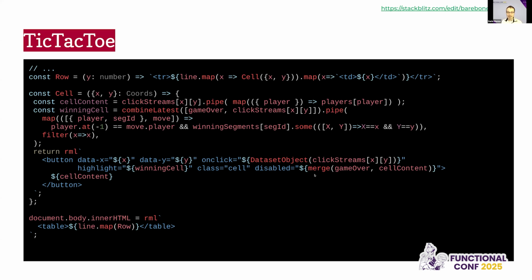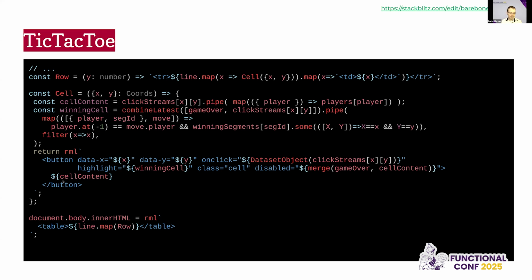And then there are other things like disabled. So a button on the grid becomes disabled as soon as either the game is over or when the cell content has been set. So once you click on a cell and you play it, essentially it becomes disabled. So you can't click it twice. Merge is an RxJS operator to take two different streams, and whichever emits goes forward, essentially. And this is the cell content.